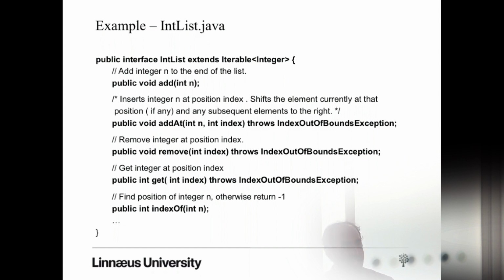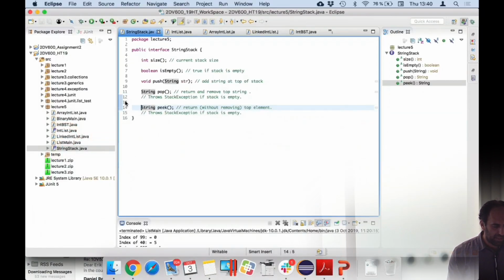The simple add will add the element at the end. But if you want to add at a specific position, maybe at the front or in the middle, then we have add at, where you can specify the position or the index value. And with get, if you want to access some element at some specific position, you can use this method.